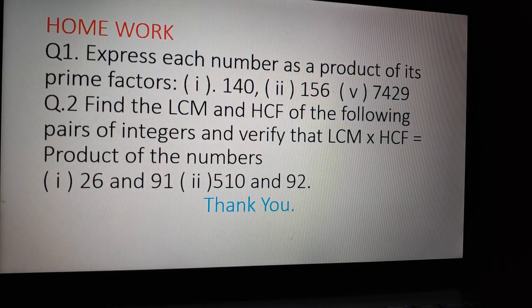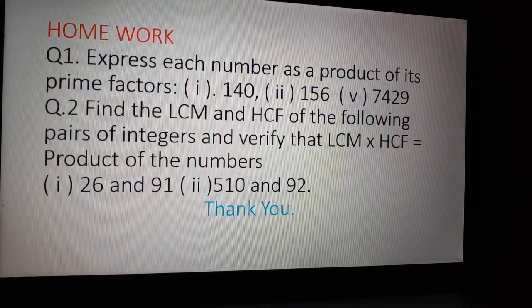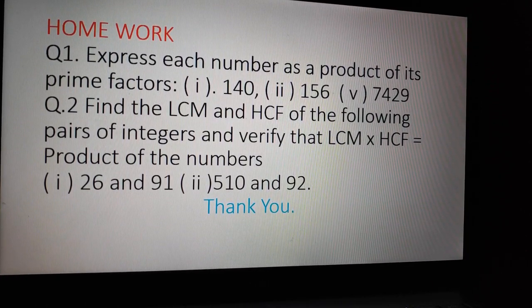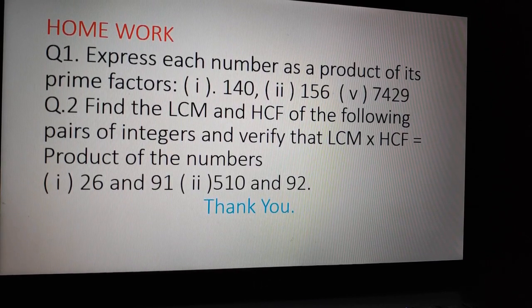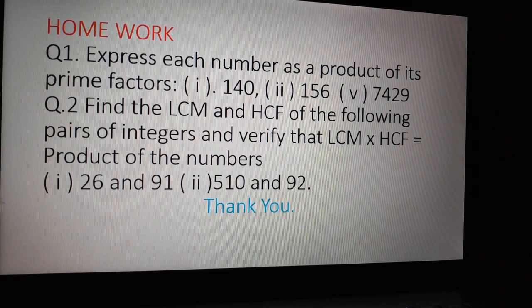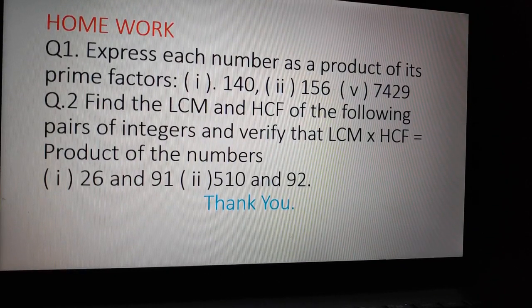The first one is 26 and 91. The second pair is 510 and 92. Find the LCM and HCF by prime factorization method, and after that show that the multiplication of LCM and the HCF is equal to the product of the numbers.